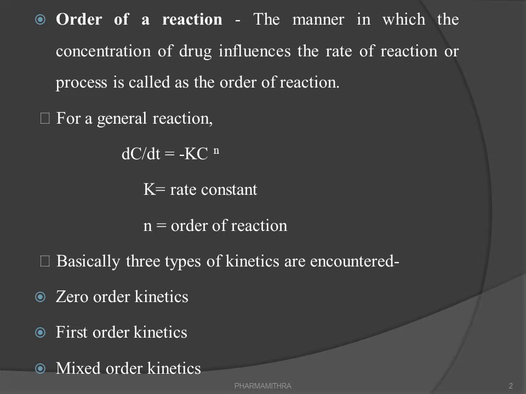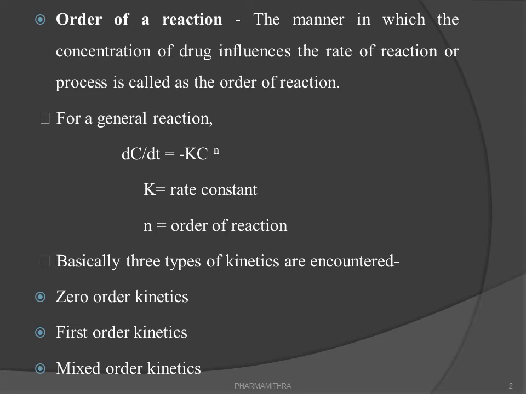For a general reaction, for example, if a drug A is converted to drug B, the rate of the forward reaction is minus dA by dt and proceeds to form dB by dt.